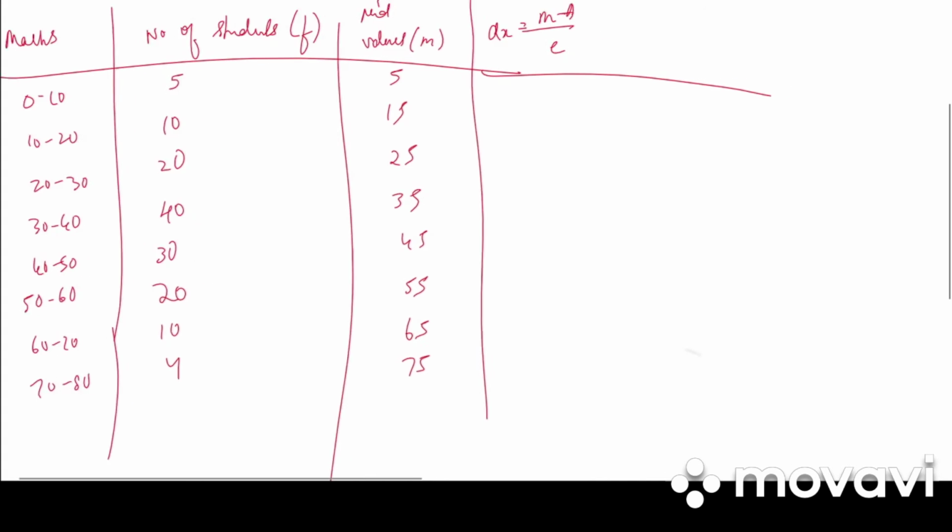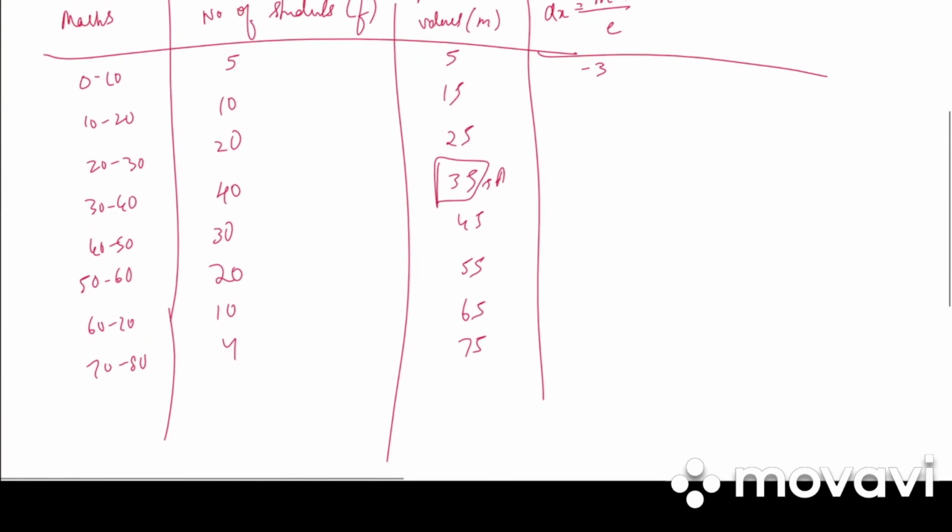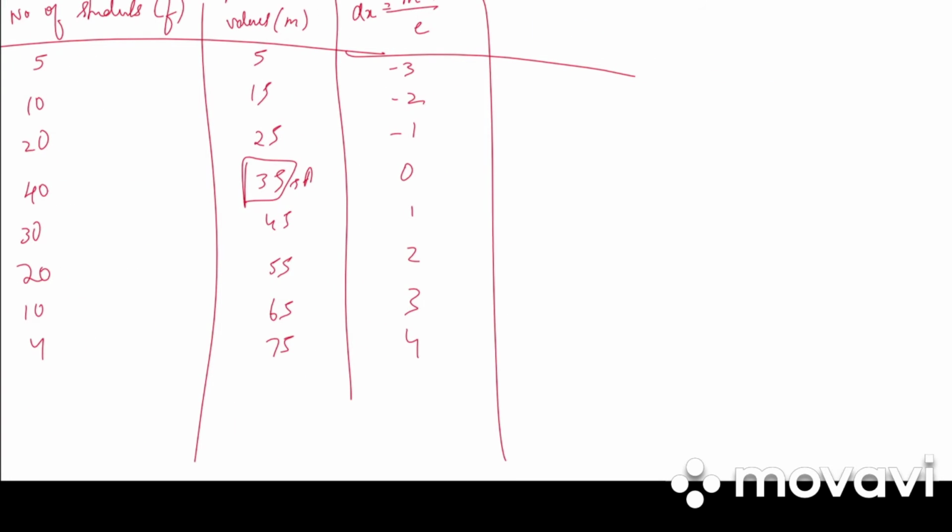Either it can be 35 or 45. I will keep the assumed mean as 35. So the first one is 5 minus 35 divided by 10, minus 3. 15 minus 35 divided by 10, we get minus 2, minus 1, 0, 1, 2, 3, 4.